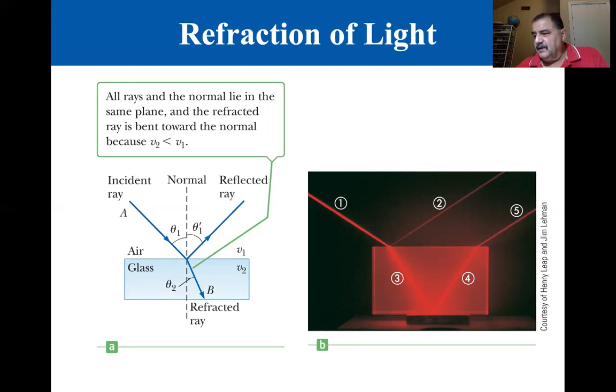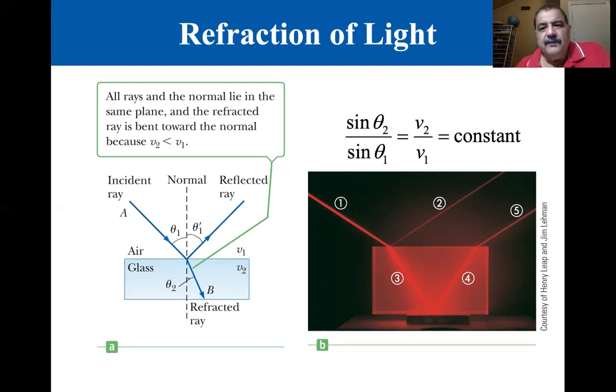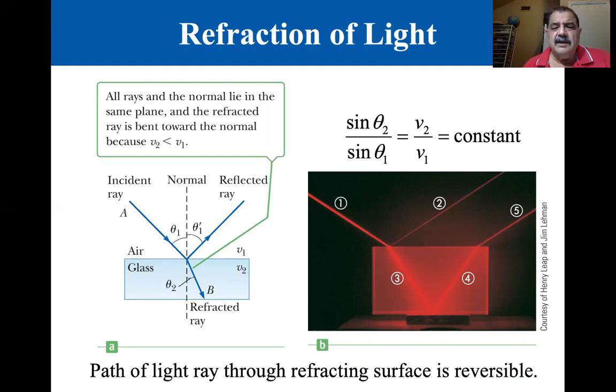Okay, so sine theta 2 over sine theta 1 is equal to V2, the velocity of 2, over the velocity of 1, and that's a constant.